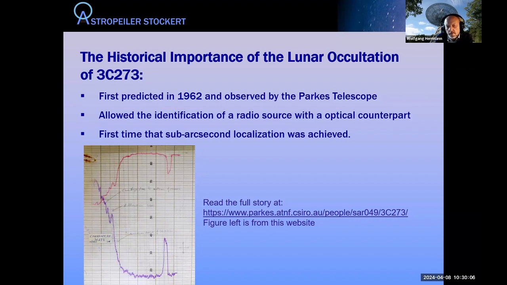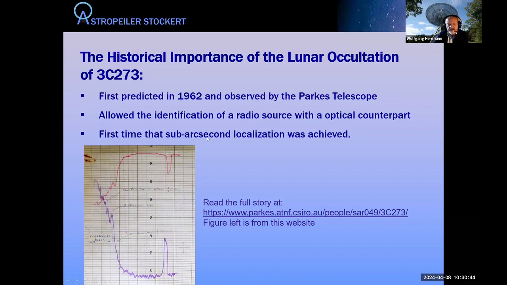That was a time when the Parkes telescope had just been finished, and it was not quite ready yet, but they even had to take a special measure to do that, because this occultation also happened when the source was very low on the horizon. So they had to change something temporarily on the telescope so that it could actually go so low on the horizon.